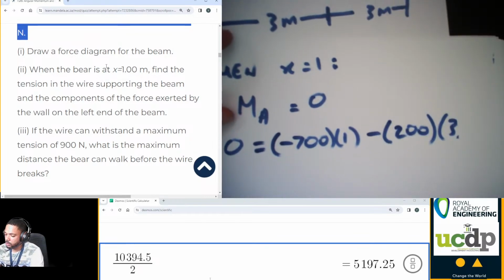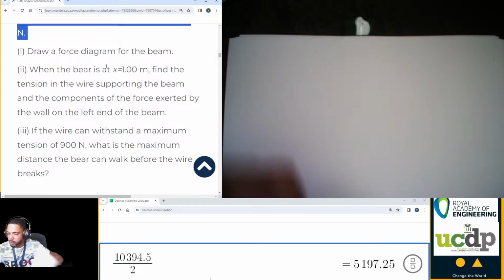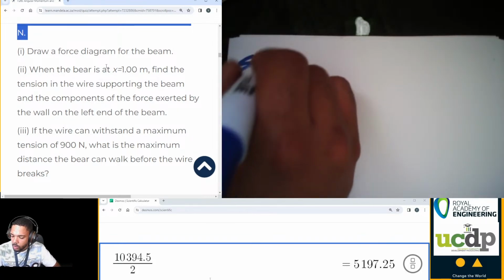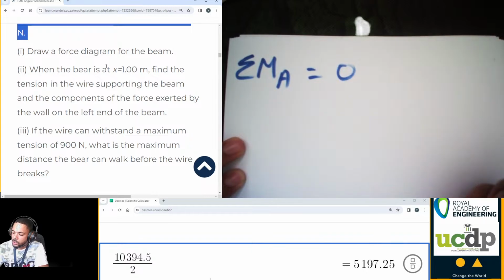So the sum of the moments about point A should equal 0.